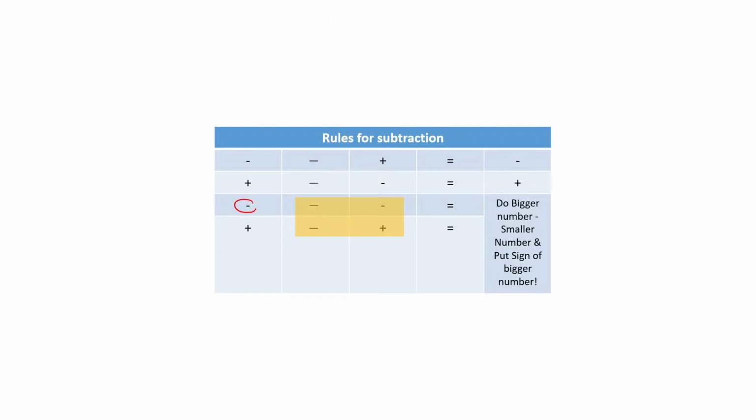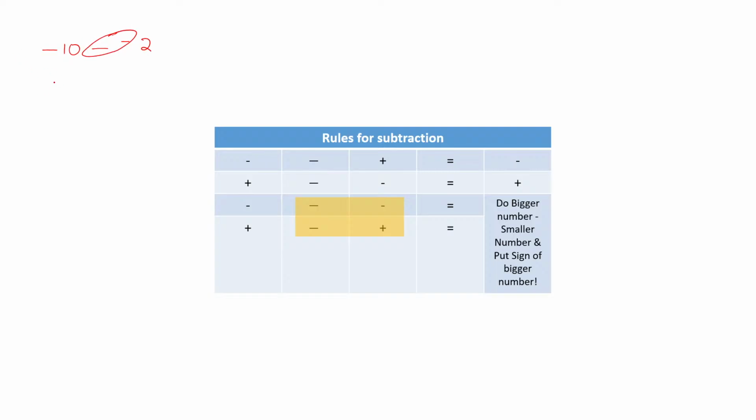And the other two cases. A negative number subtracted with a negative number. Here we have to use the same logic. So what if it is negative 10 minus minus 2? In this case, first we have to consider these two signs.